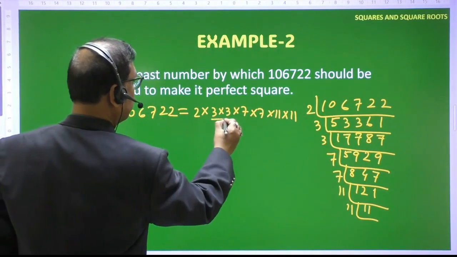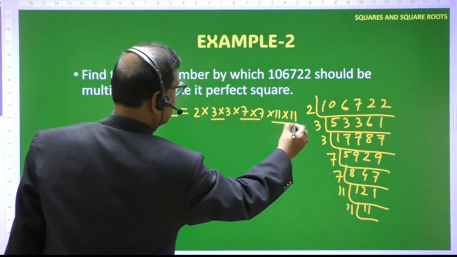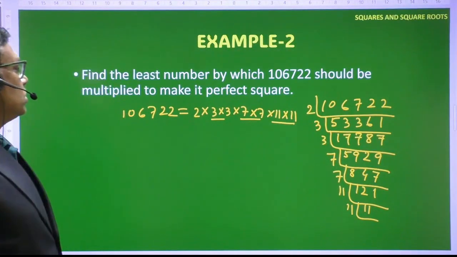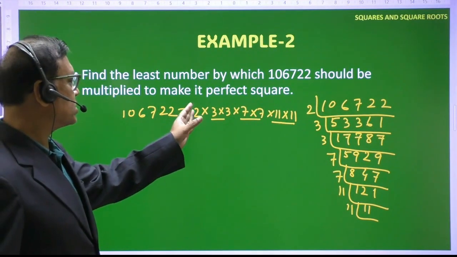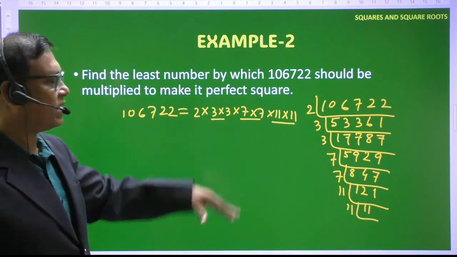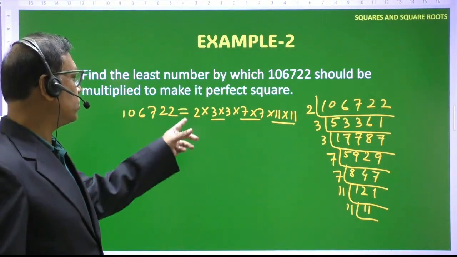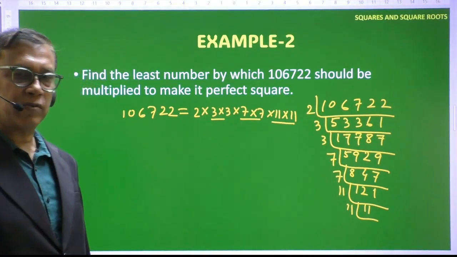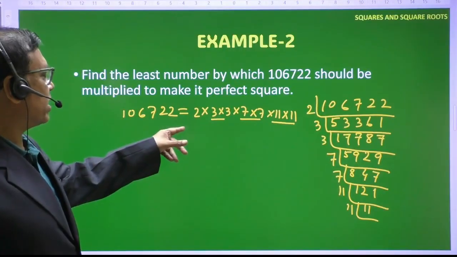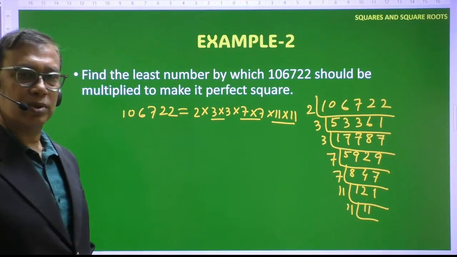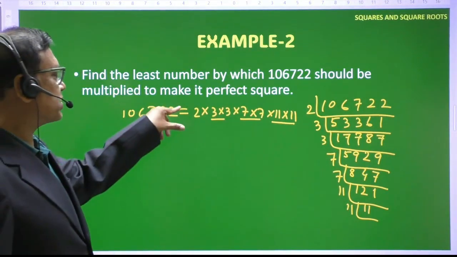So if we make the pairs like this, what we are seeing here is that 2 is not paired. All other prime factors are paired, but 2 is alone, a lone factor. So to make it a perfect square, we need one more 2. That is the least number.